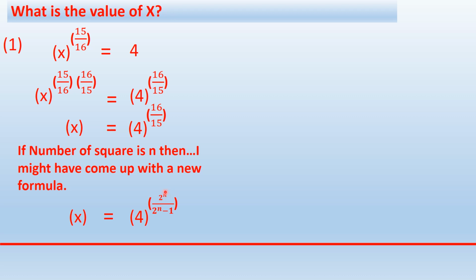Here, n is the number of squares. So if it is 4, 2 to the power of 4 over 2 to the power of 4 minus 1, we have 16 over 15. That is our solution here.